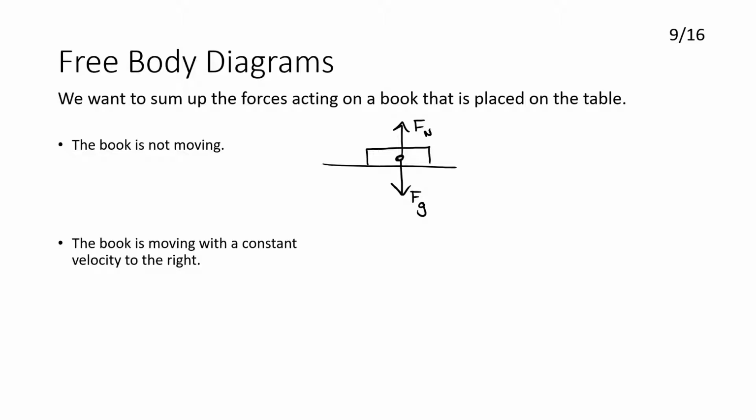Next example, the book is moving with a constant velocity. So say it's on the table, but I am sliding it at a continuous rate. So it's not speeding up or slowing down, it's at a constant velocity.